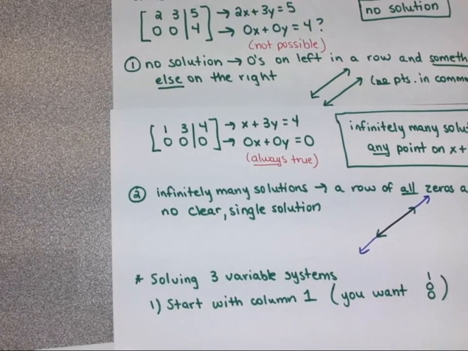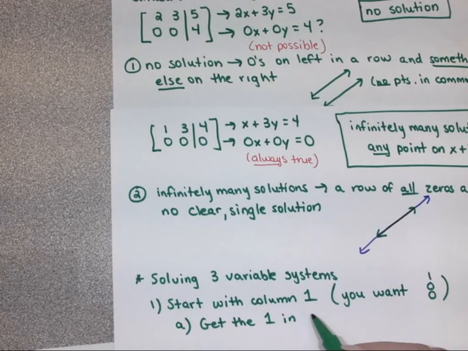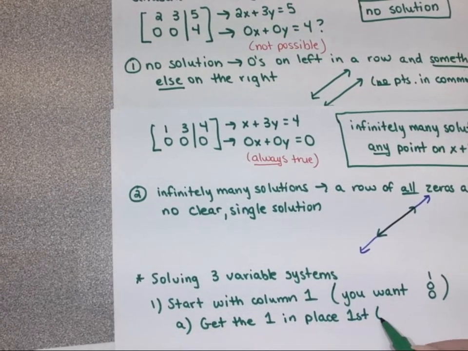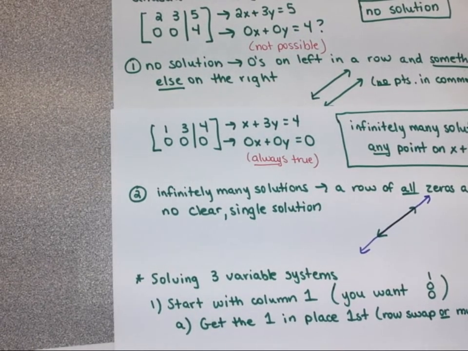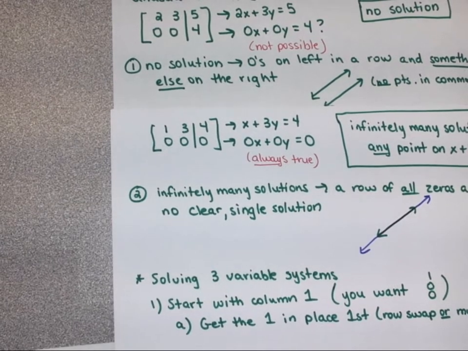That's what you want. Okay, so just like with the 2 variable systems, we're going to get the 1 in place first. Remember how we did that. We either do that with a row swap occasionally, or most often we're going to multiply by the what? By the reciprocal?